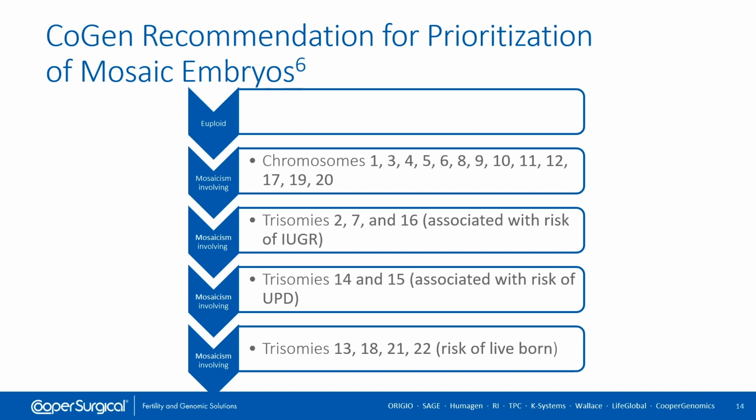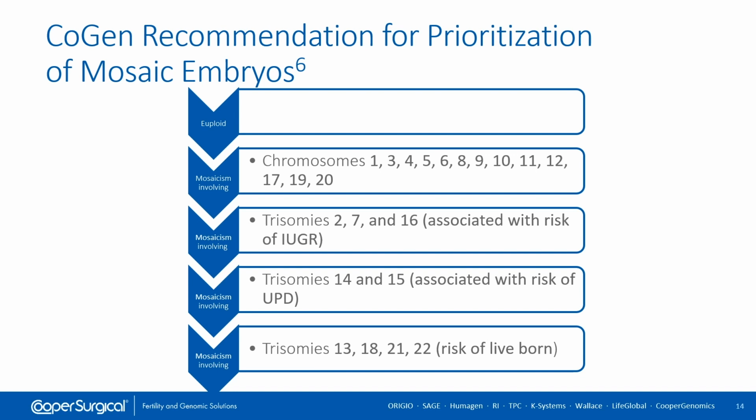And what I will say here is that trisomy 22, while very rare, has been reported both as a full aneuploidy in live birth and has been reported with long-term survival in a mosaic form.